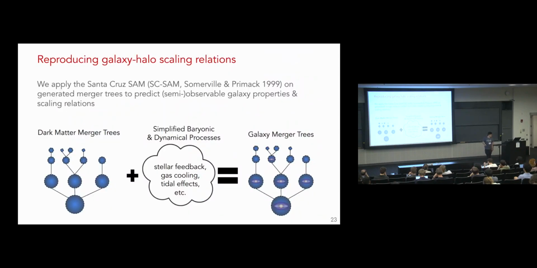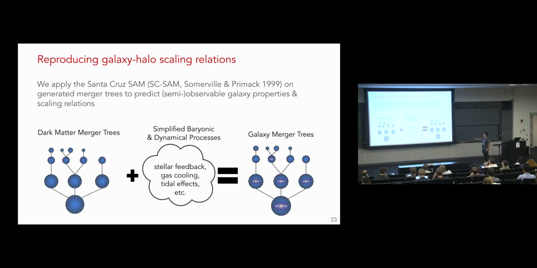The last result that I want to show you is one of the ways that you can actually use it. Sure, you can get dark matter halos very well, but that's not really your end game. Your end game is really the galaxy merger trees.